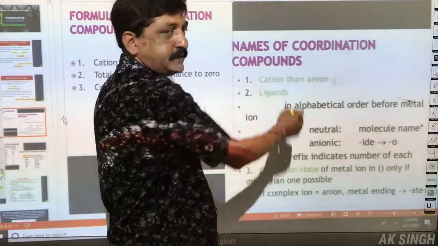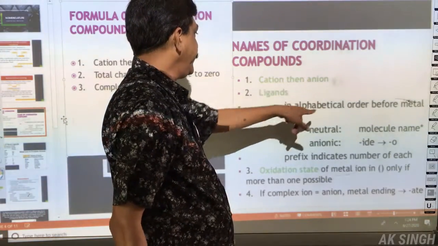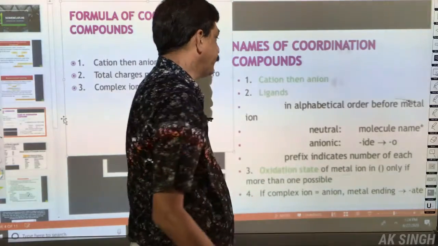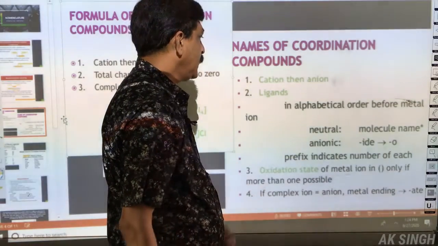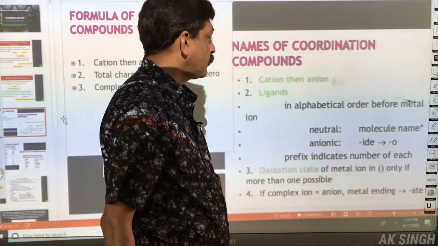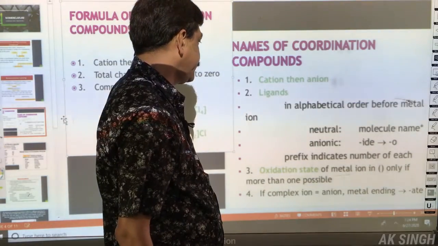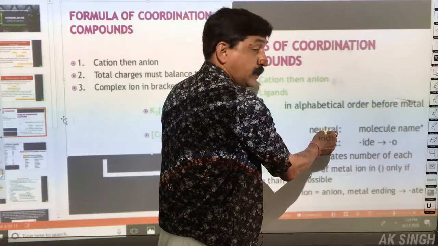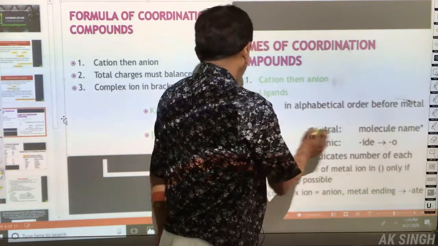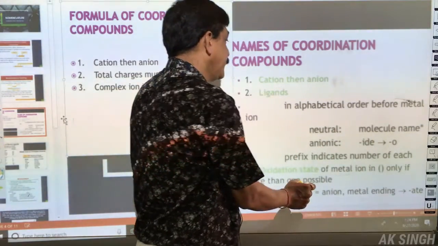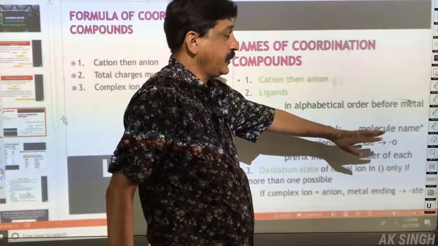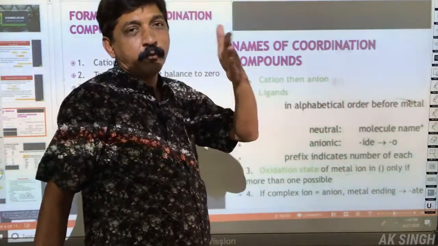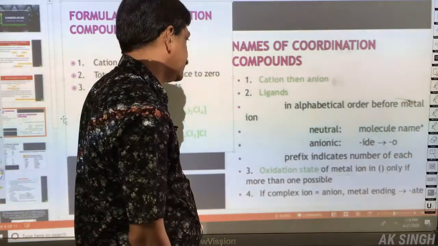Same thing, cations are named, then anions, ligands in alphabetical order before the metal ion. Now ligands could be neutral, anionic, anything. If the ligand is neutral, then the molecule name is used; if it is anionic, then we replace ide with o, that is chlorido, bromido, like that.